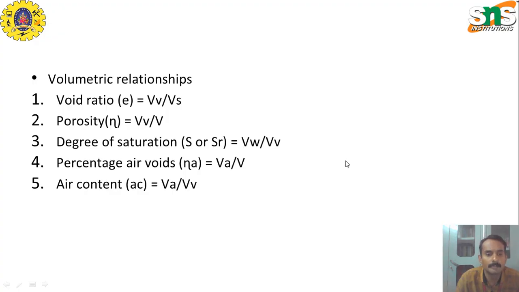In continuation with the previous video, in today's video I am here to explain briefly about volumetric relationships of soil. We have already studied about three-phase relationship of soil representing air, water and solid phase of existence of soil media.